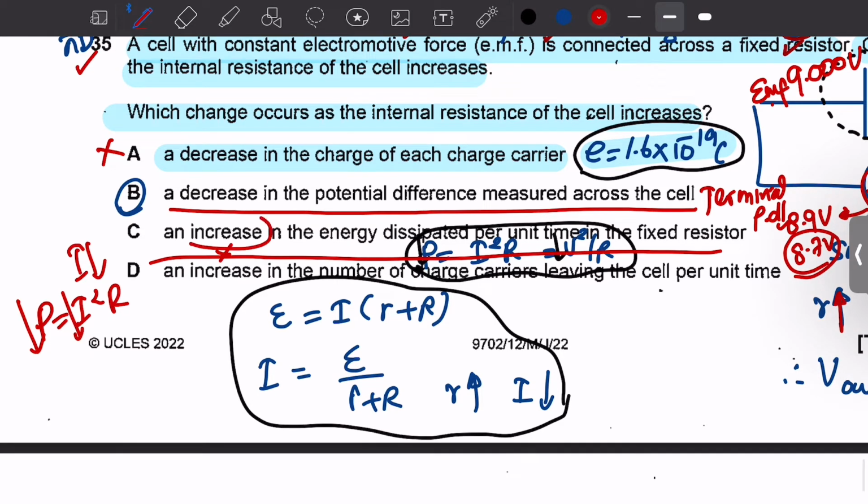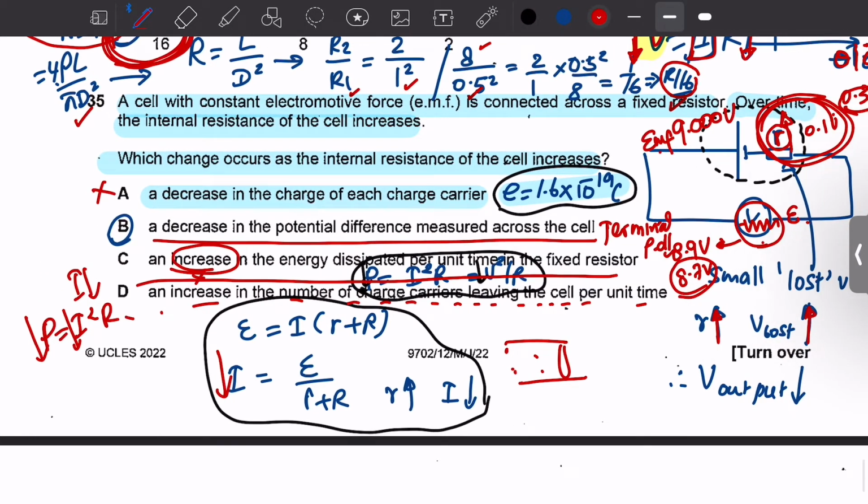So increase is impossible. Increase in the number of charge carriers leaving the cell. Now, just now I told you current is decreasing. So if current is decreasing, less electrons are going through the wire in a unit time. So part D also wrong. Answer is definitely answer B.